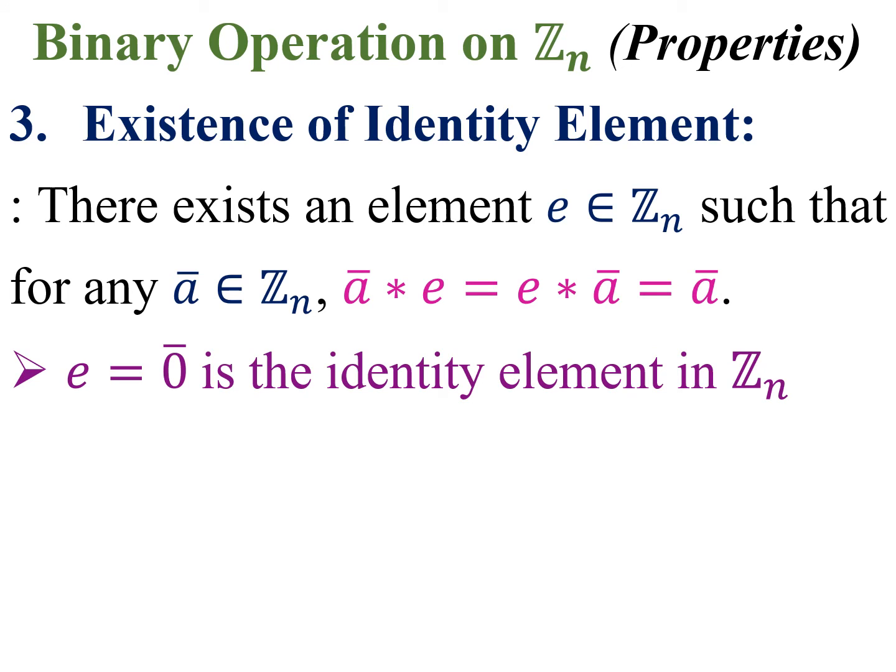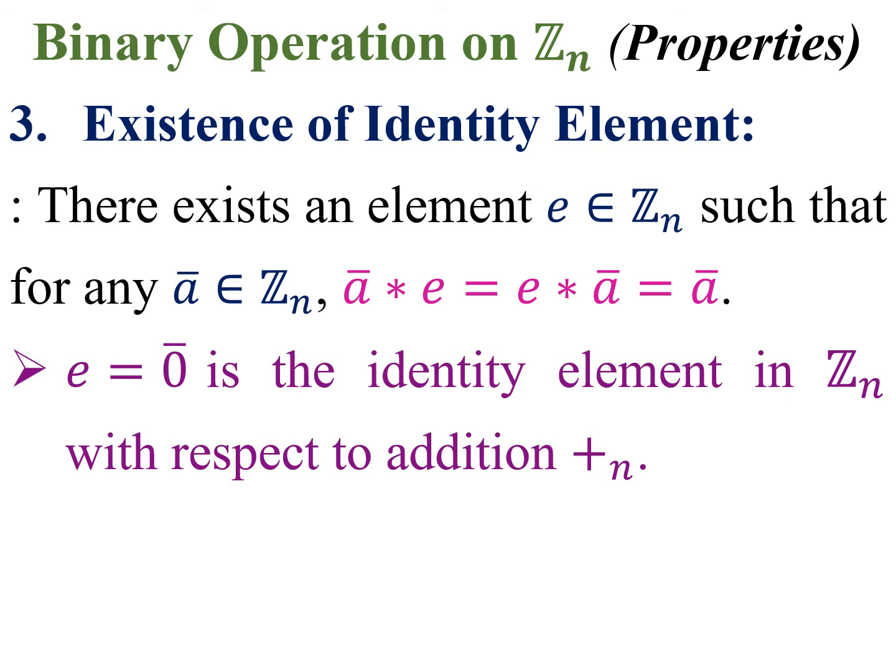See here. So this E is equal to class of 0, which is the identity element in Zn with respect to the addition plus n. Means whenever we add any residue class of Zn with class of 0, that residue class remains as it is with respect to plus n.